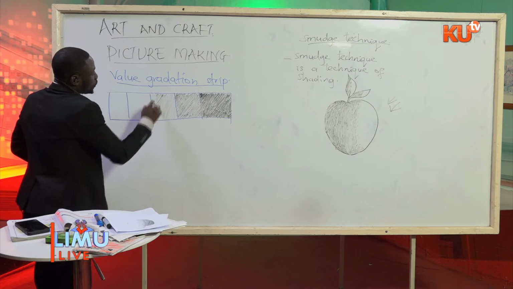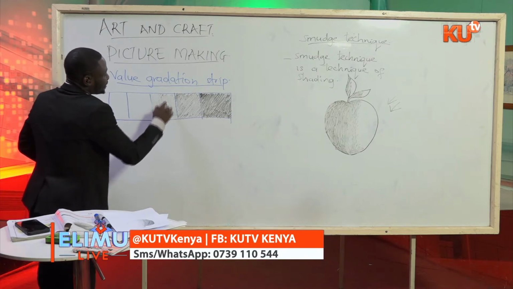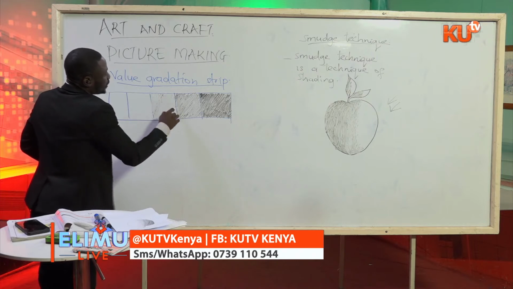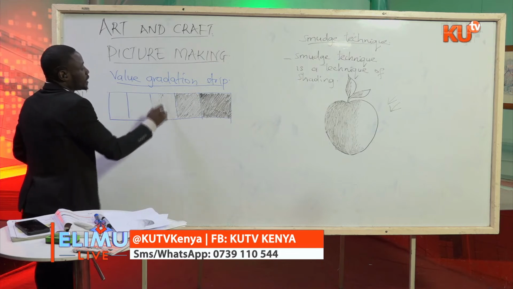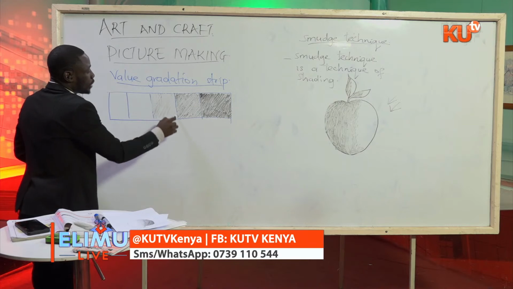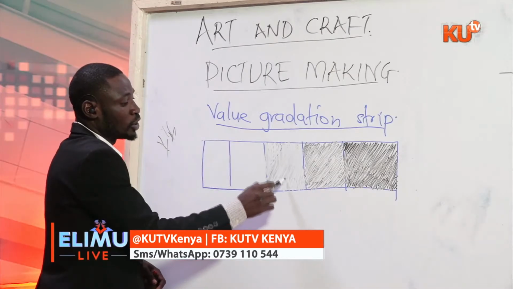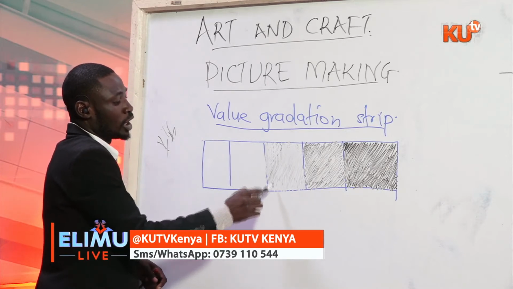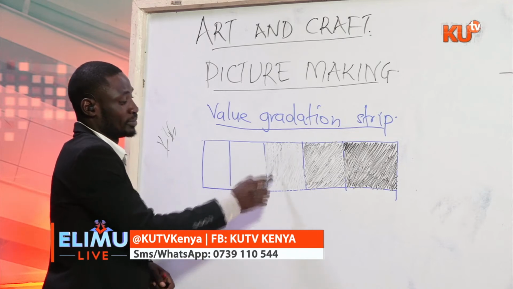And we are shading. We are not drawing lines, we are shading. Remember, it's the smudge technique, and like I said earlier, smudge technique is a technique of shading where we come up with value, tonal value. Tonal value helps us to identify the darker part or the lighter part of an item.